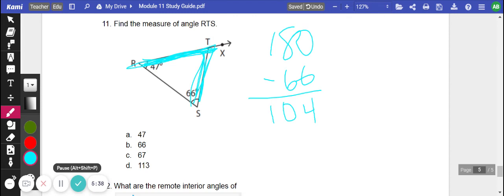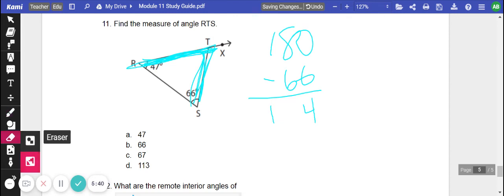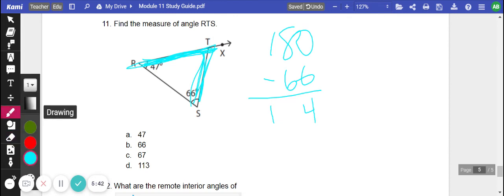Sorry. That's going to get us 114. And then subtract 47 from 114. And we are going to get 67 degrees. Therefore, RTS must be 67 degrees.